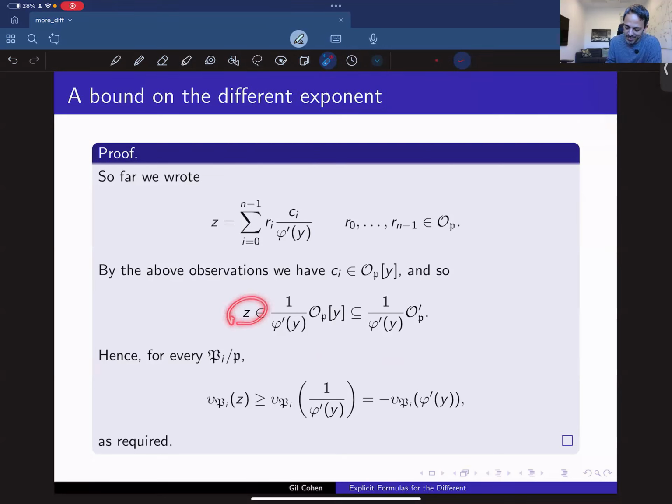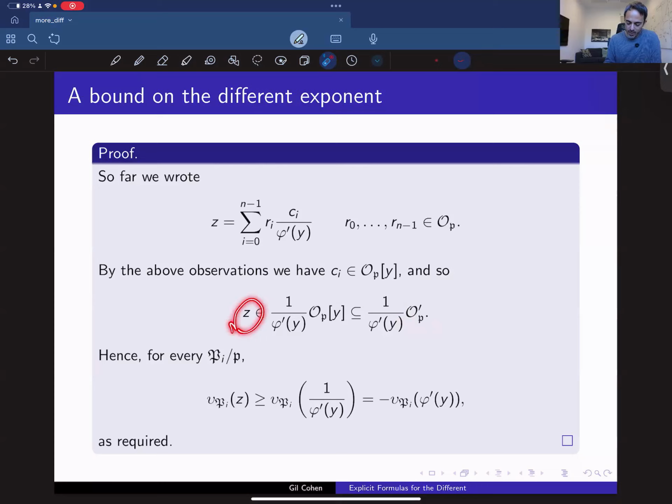So what's written here? Well, Z can always be written as this times an element in OP prime. Put differently, if you apply any PI valuation to Z, then the PI valuation of an element here is always non-negative, because the valuation of PI is some ramification index times the valuation of little p of that function, and this is non-negative, and ramification indices are non-negative.